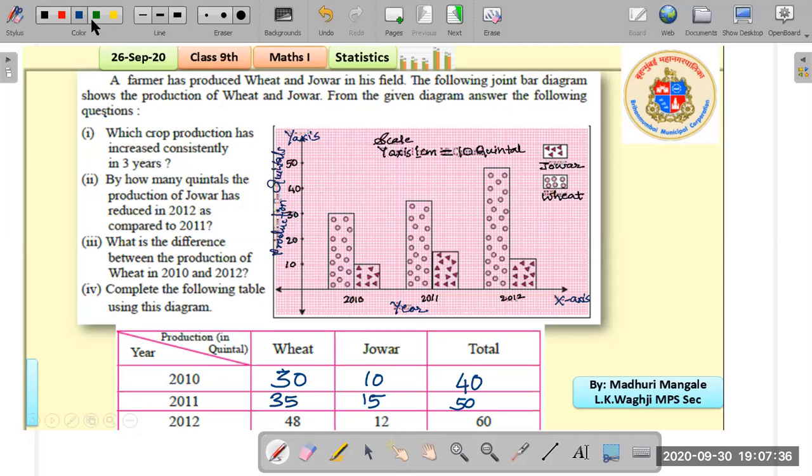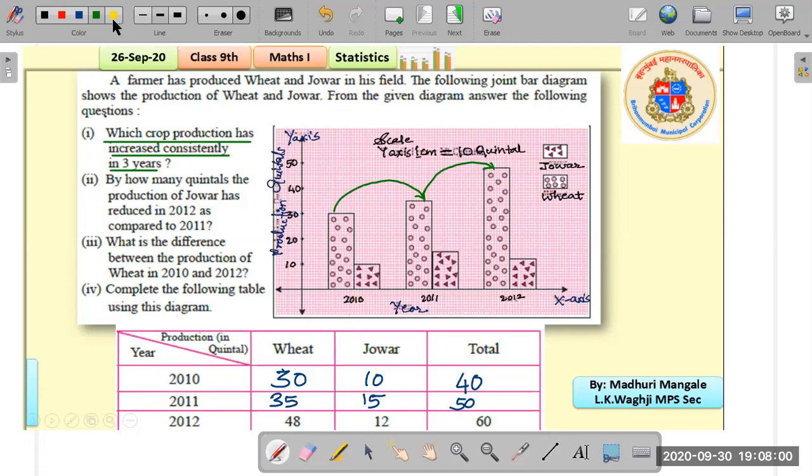So the first question, it says, which crop production has increased consistently in 3 years? So if we look at the graph, clearly you can check the wheat production has increased, right? For all the 3 years, you can see the graph, the height of the bar is increasing, right?